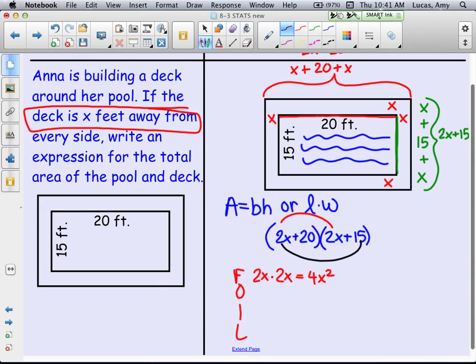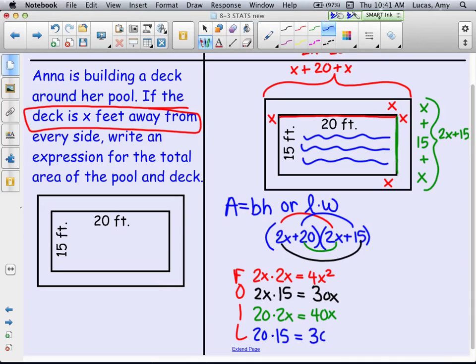Then outside, 2x times 15 is 30x. Inside, 20 times 2x is 40x. And last, 20 times 15 is 300.